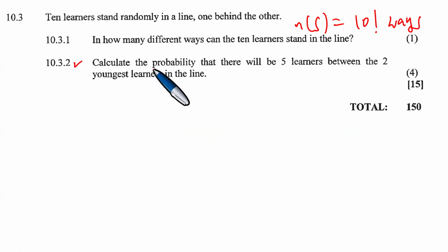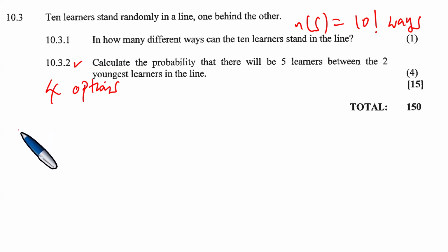Let's look at this particular question. When they say you need to calculate the probability that there will be 5 learners between the 2 youngest learners in the line, obviously this one is going to be done with 4 options. There are going to be 4 options.